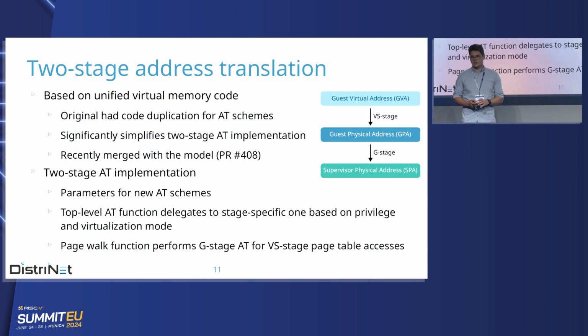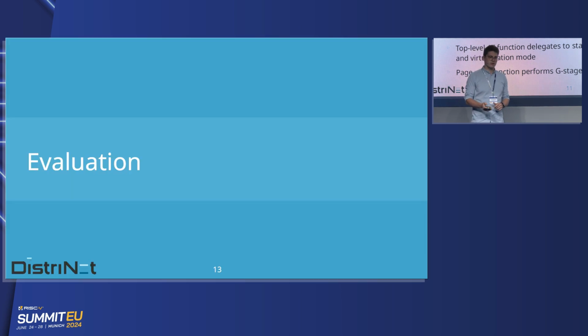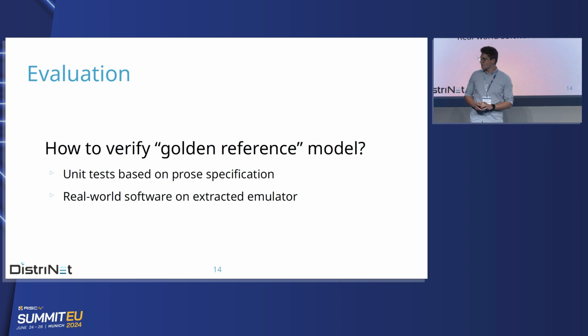And then you have to make sure that when you do a page walk, you also translate the page table addresses that are used by the guest operating system into physical addresses, because the guest operating system doesn't know about those physical addresses. So the hardest question in this whole endeavor: how do you verify the thing that's supposed to be the reference?